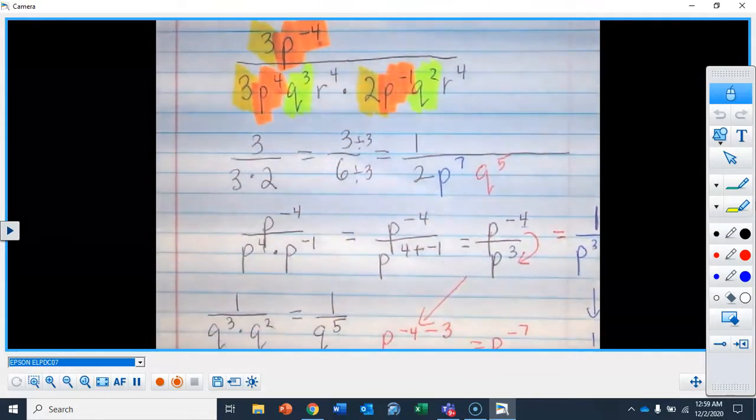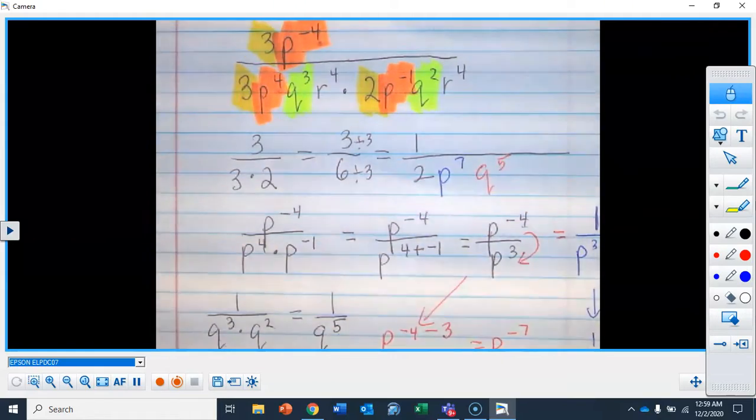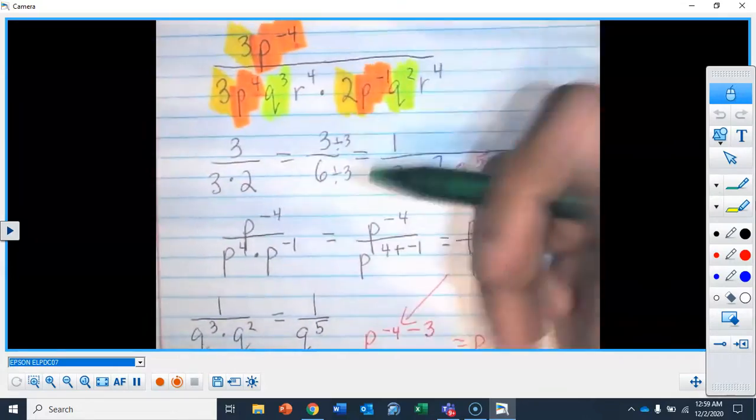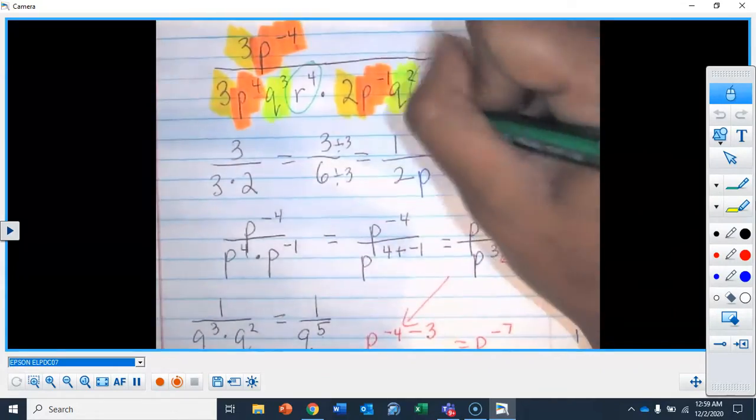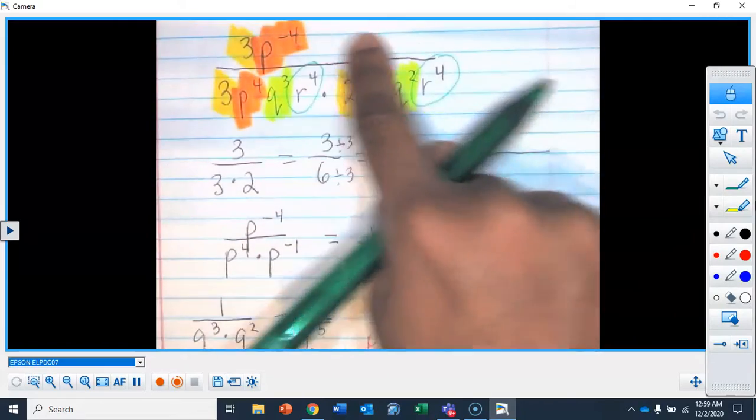Let's do the R's. And for the R's, I'm just going to circle. So I have R to the 4th, still in the denominator, R to the 4th down here. There's no R's up here.